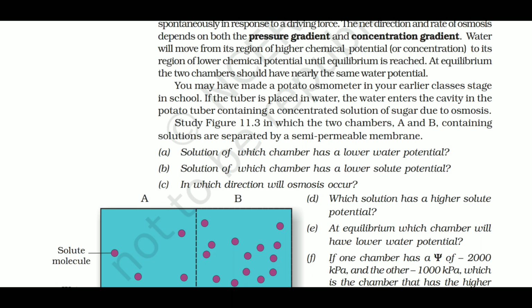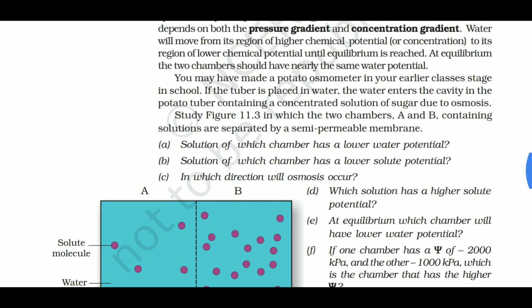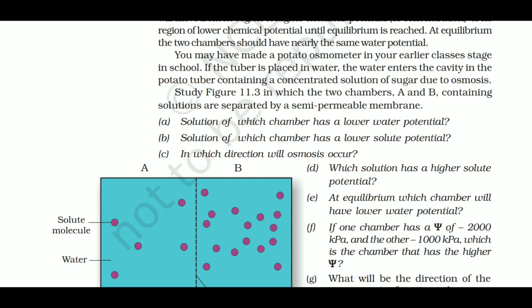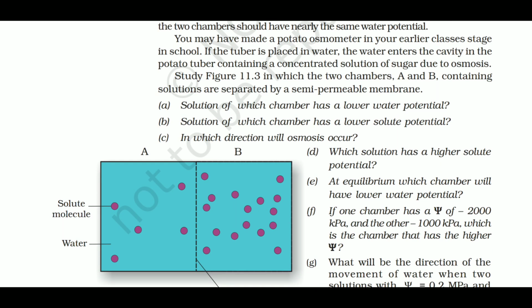The water will move from hypotonic solution to hypertonic solution, to its region of lower chemical potential, until equilibrium is reached. So at equilibrium, the two chambers should have nearly the same water potential. We already discussed that water potential is equal to solute potential plus pressure potential, right? Psi S plus psi P.